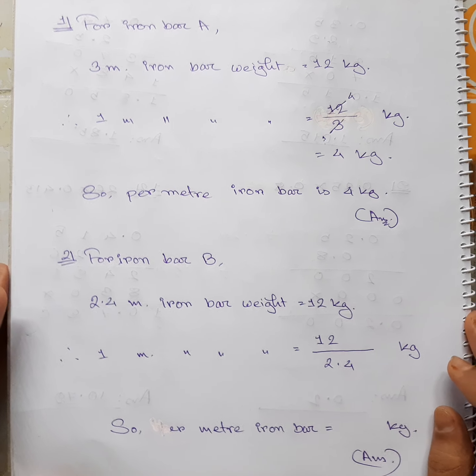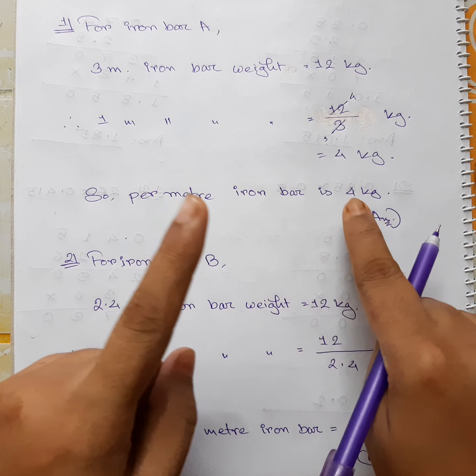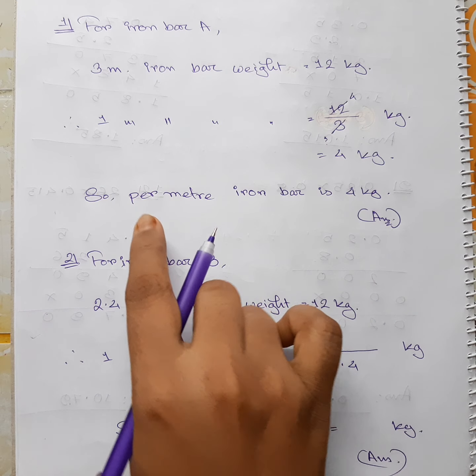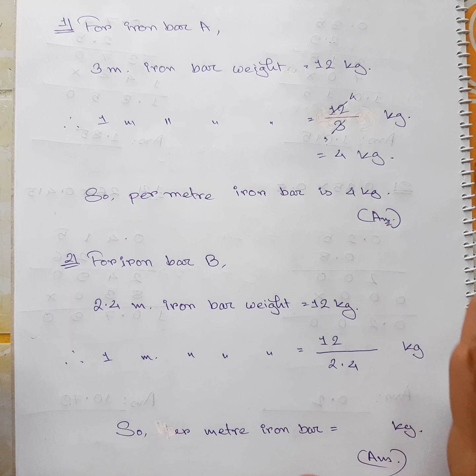And now we are going to do what? The sole line. So per meter the iron bar weight, I forgot to write down weight, doesn't matter, per meter iron bar is 4 kg.